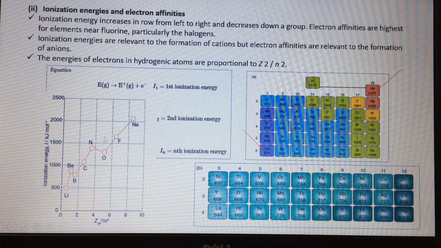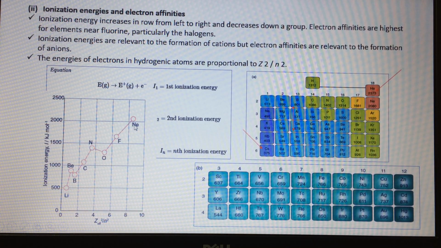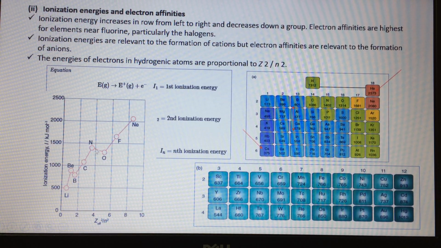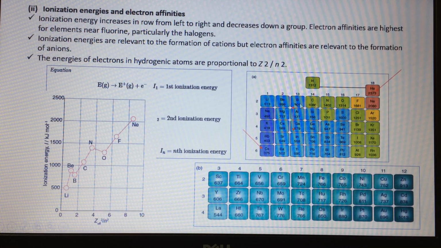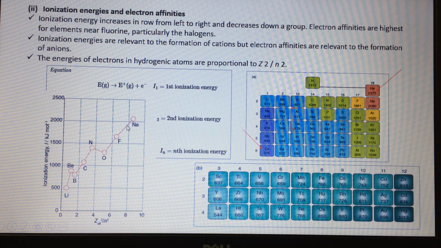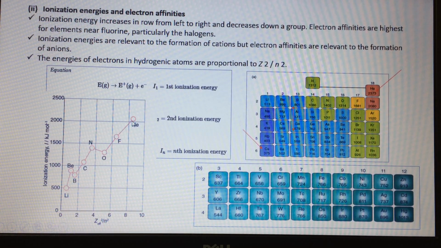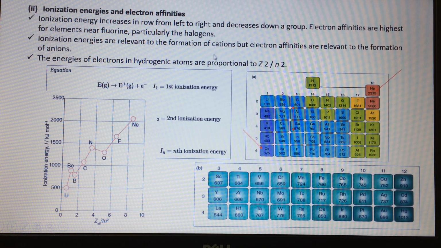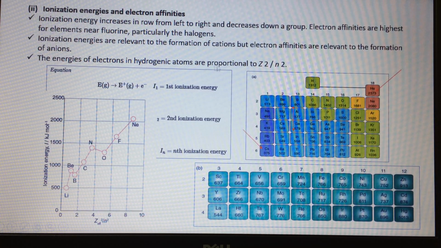This trend gives a straight line, which means if you see here, this trend also follows this trend. As we go from left to right, in beryllium, boron, carbon, nitrogen, oxygen, the ionization energy increases proportionally, because the ionization energy is proportional to this trend.